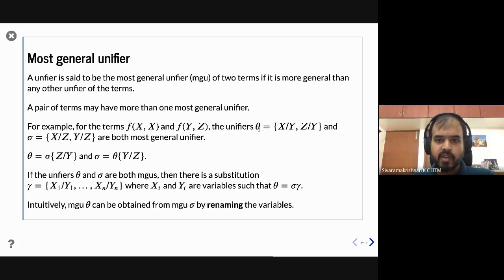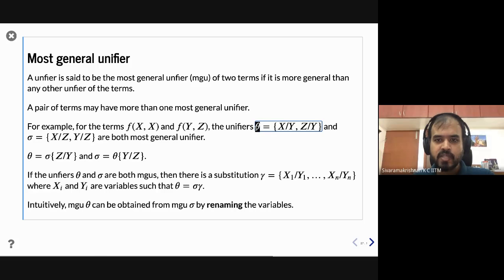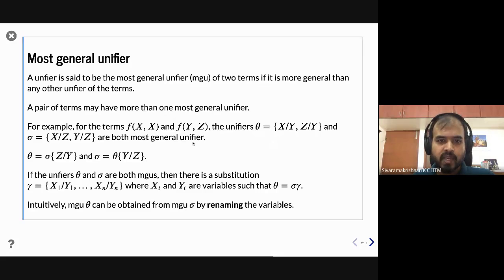The first one is theta, which says replace x with y, so this term becomes f of y, and z with y, so this term also becomes f of y. And we can have another MGU, sigma, which says replace x with z, so this term becomes f of z, z, and y with z, so this term becomes f of z, z.